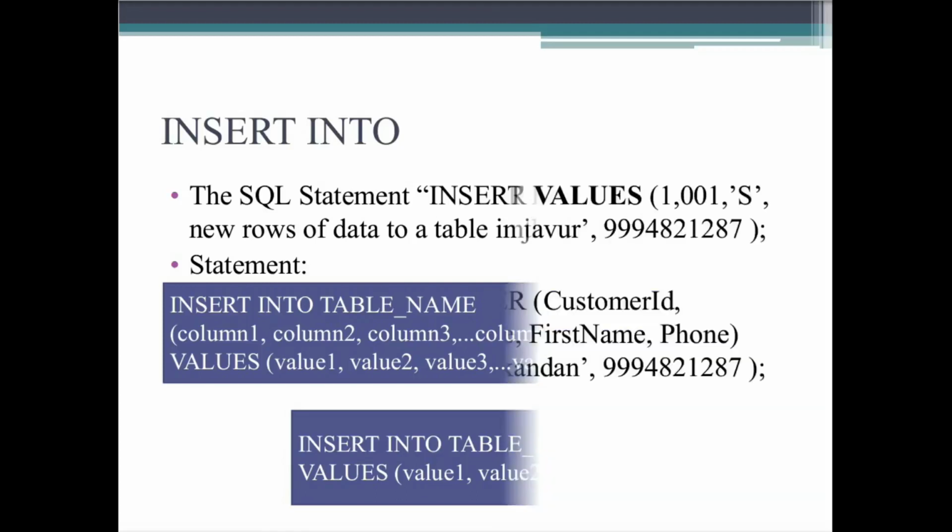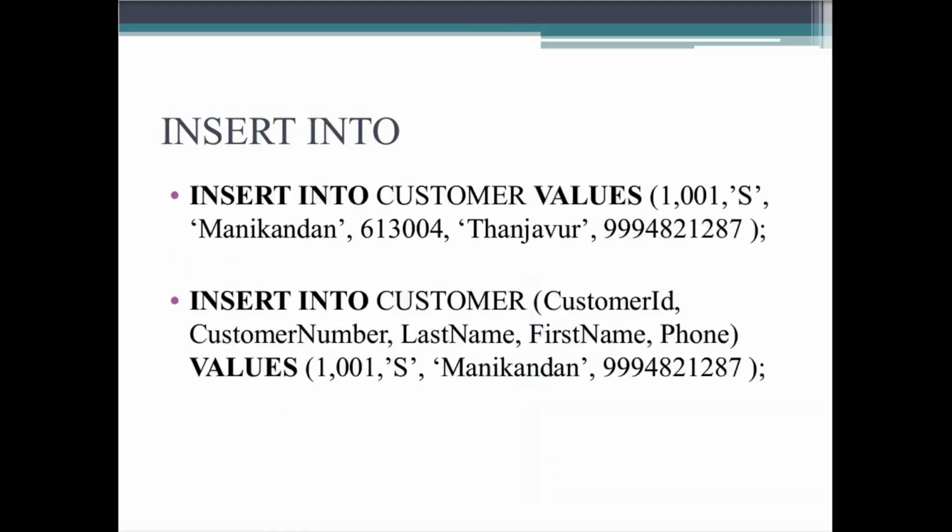Looking at these two examples of inserting data into the customer table, in the first one, without mentioning the column names, we have to give values for all the fields. In the second example, we are mentioning particular fields alone, so we can give values only for those fields.